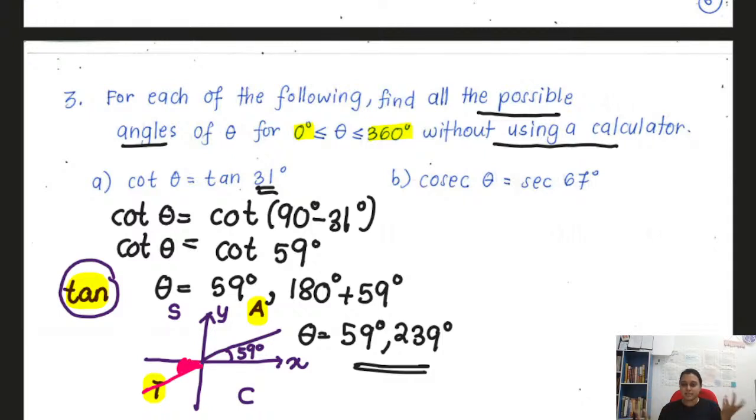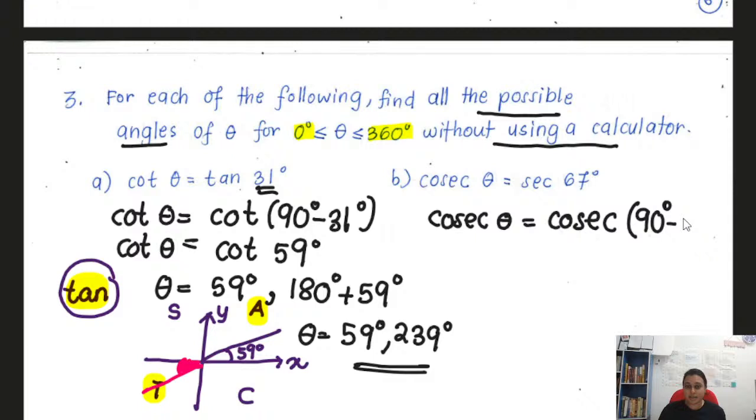Which one can we make the same? Yang mana kita boleh tukar jadi dia sama? Secant's best friend is cosecant, isn't it? So we change to cosecant 90 minus 67. So 90 minus 67 ialah 23.